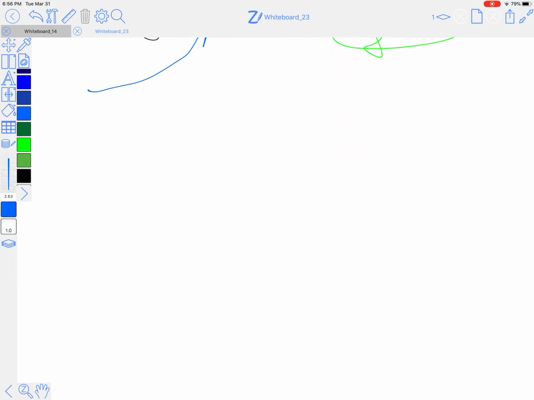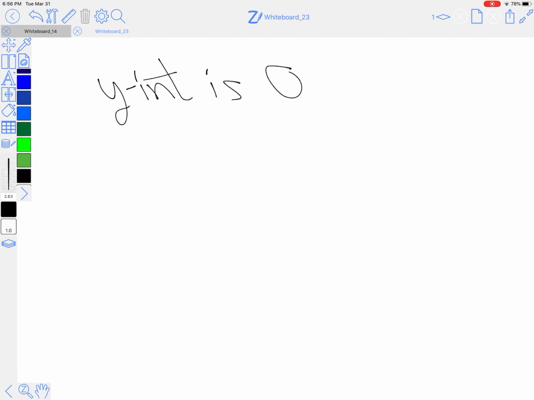One other example that kind of deals with the 0. Let's say I said my y-intercept is 0 and my slope is -1/2. Now again, they could ask this in a couple of different ways.